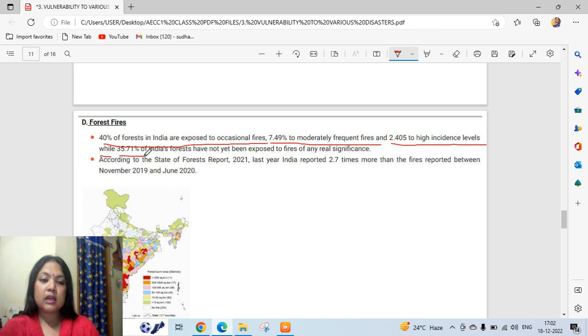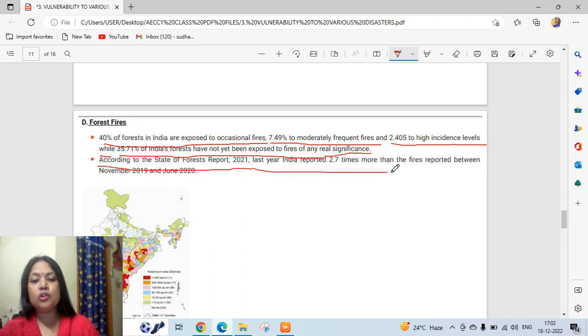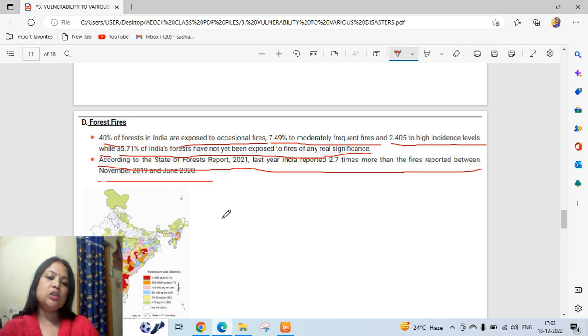Okay, while 35.71% of India's forests have not yet been exposed to fires of any real significance. Okay, so according to the State of Forest Report 2021, last year India reported 2.7 times more fires than those reported between November 2019 and June 2020.